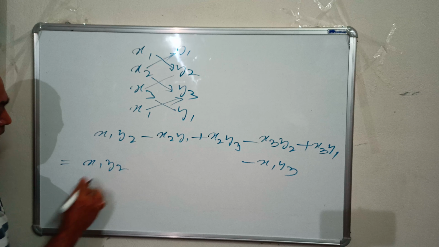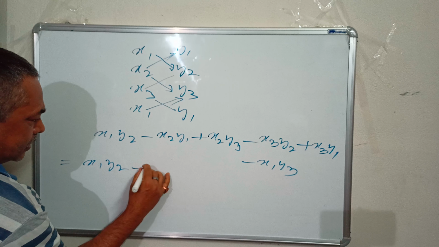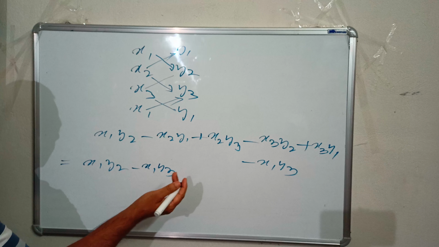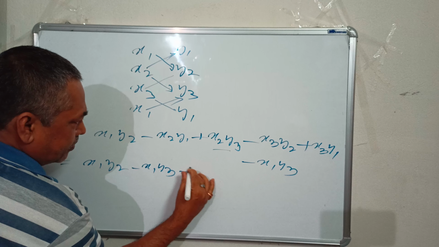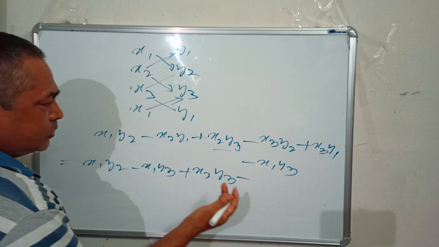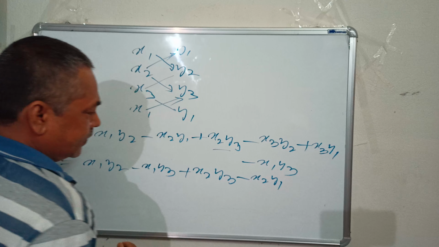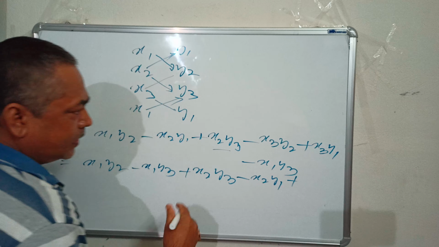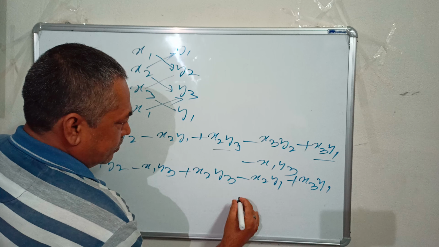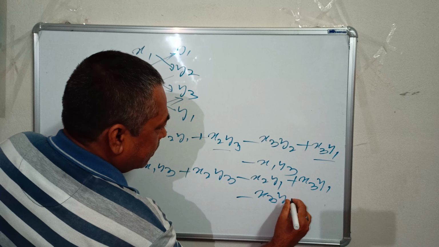After that you take x1 first, positive: x1 y2, then look for x1 again, minus x1 y3. Then x2 positive: plus x2 y3, minus x2 y1. Then plus x3 y1, minus x3 y2.